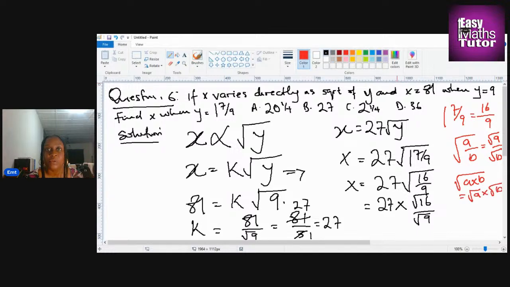So we are going to apply that law in this case. So we'll have 27 times the square root of 16, which is 4, and the square root of 9, which is 3. 3 cancels here once, 3 cancels 27 nine times. Therefore, 9 times 4 is 36. And there we have it. The correct option is D.